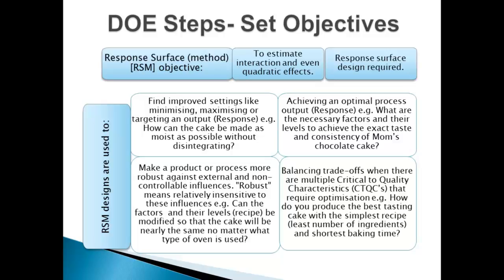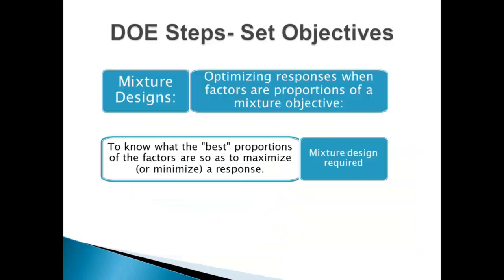In that case, we need a response surface design. That experiment will enable us to estimate the interaction and even quadratic effects. If that is the goal, then response surface methodology is required.